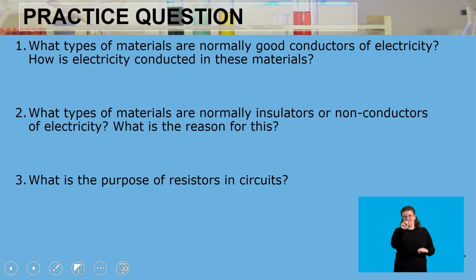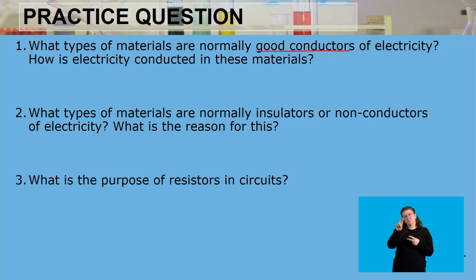Starting with our practice questions, the first question says, what type of materials are normally good conductors of electricity and how is electricity conducted in these materials? We know that we have conductors, insulators, and semiconductors of electricity. The good ones are the metals.